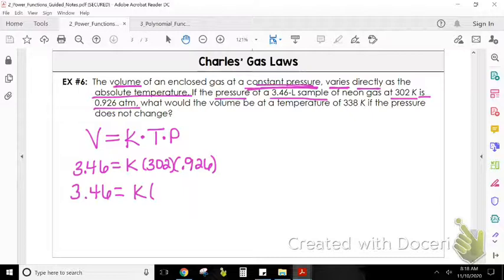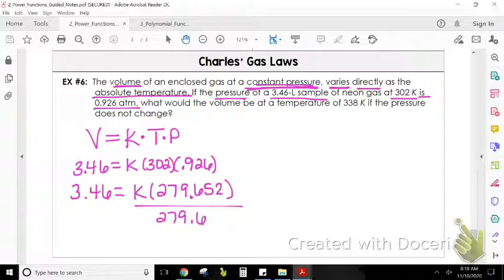I don't have my answer here, so I'm going to have to do it as well. So 302 times 0.926 is 279.652. And then we're solving for k, so we're going to need to divide by that number.